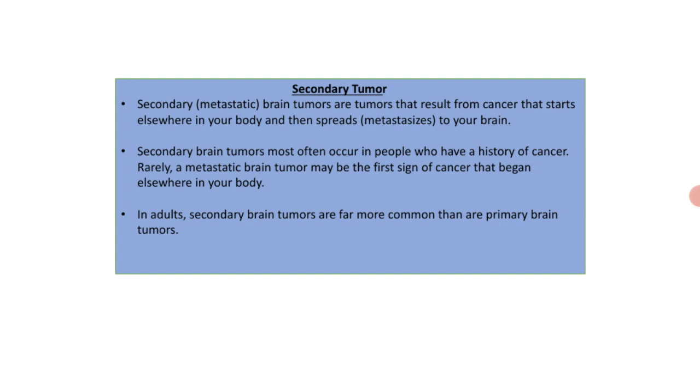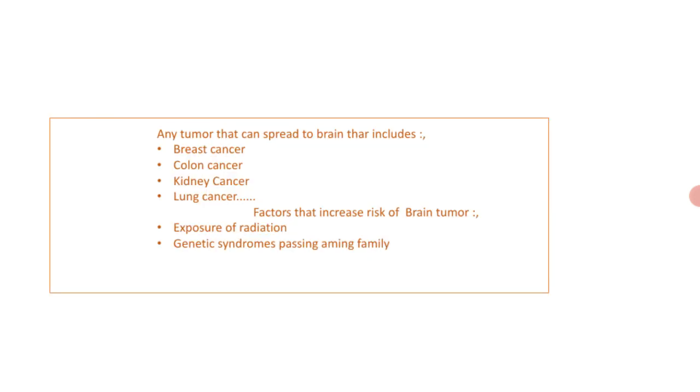In adults, secondary brain tumors are far more common than the primary brain tumors. Tumors that spread to the brain include breast cancer, colon cancer, kidney cancer, lung cancer, etc. There are some factors that can increase the risk of brain tumor: exposure to radiation, and genetic syndromes that pass among family.